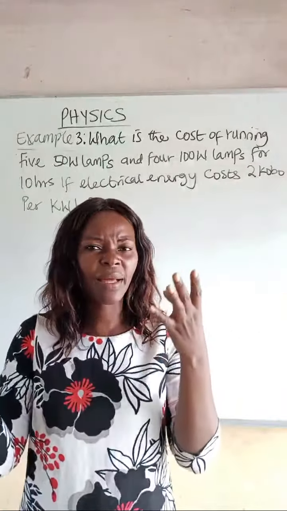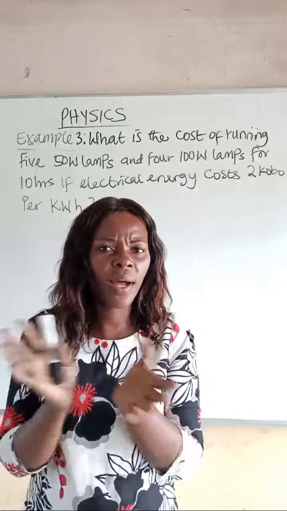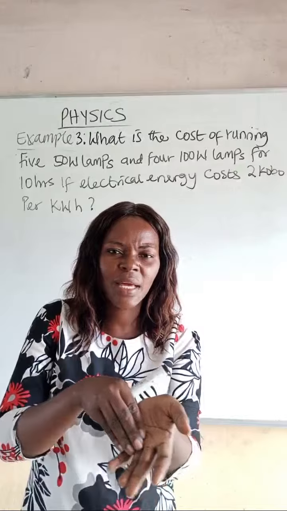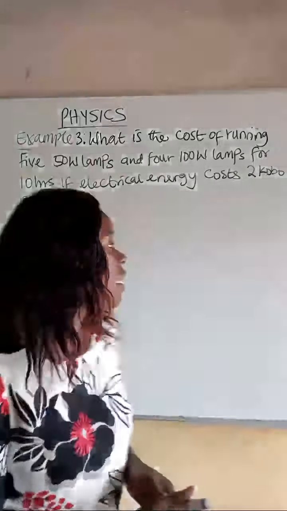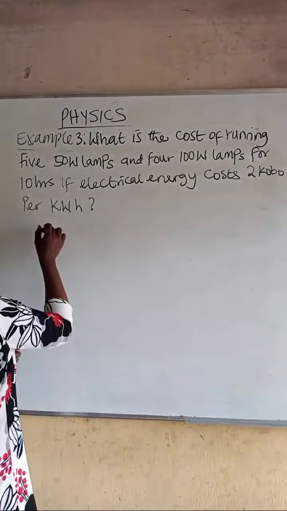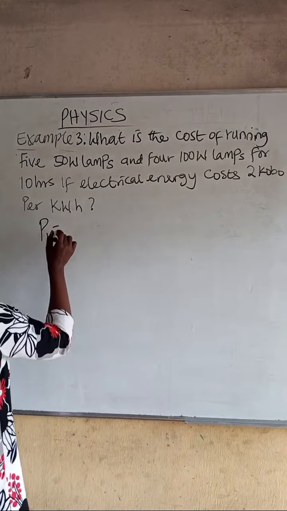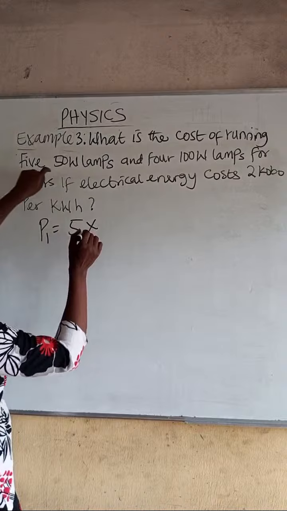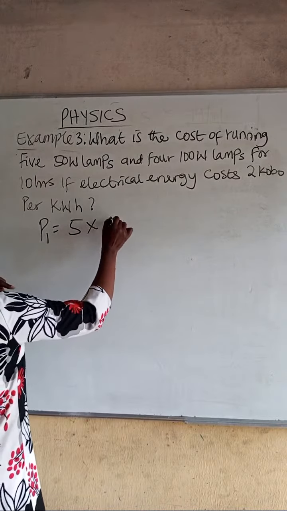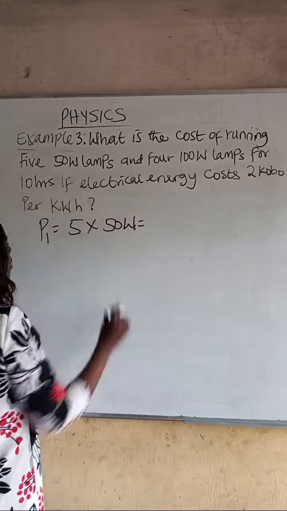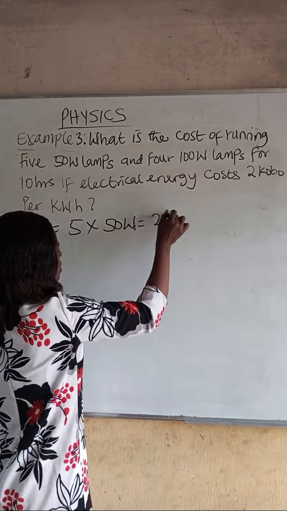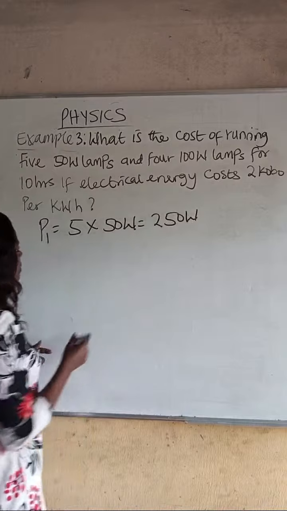It's 50 times 5. So the first power, we have 5 lamps, and each of them can consume 50 watts. We multiply 5 times 50 to give us 250 watts, right?